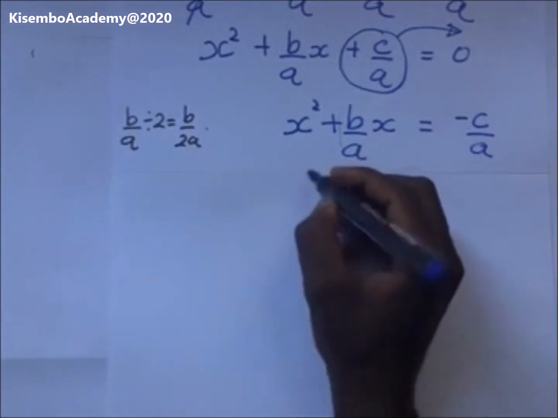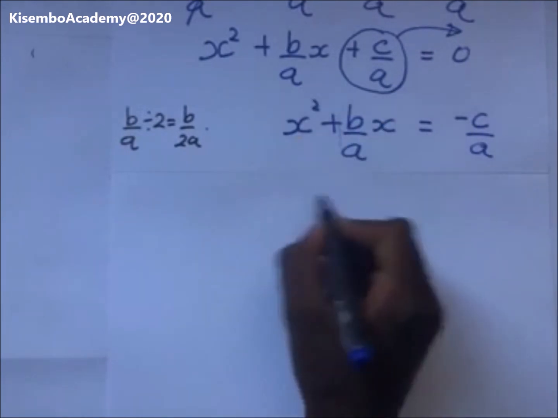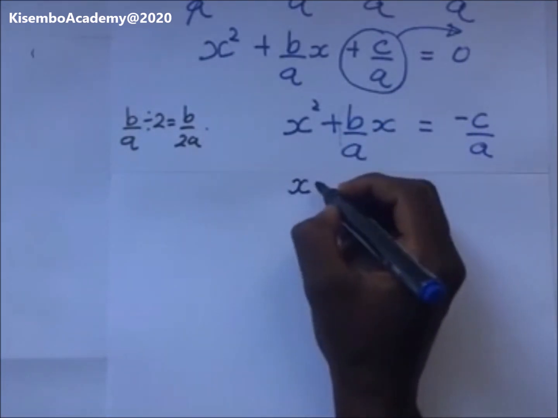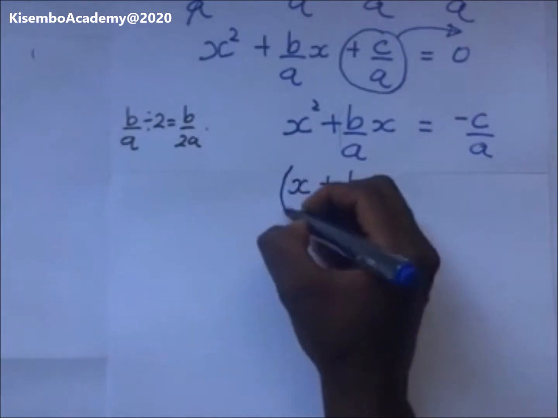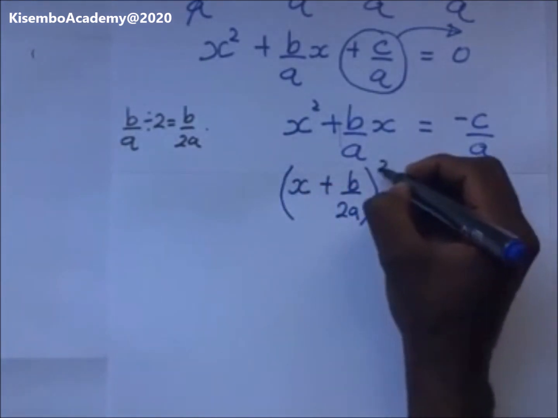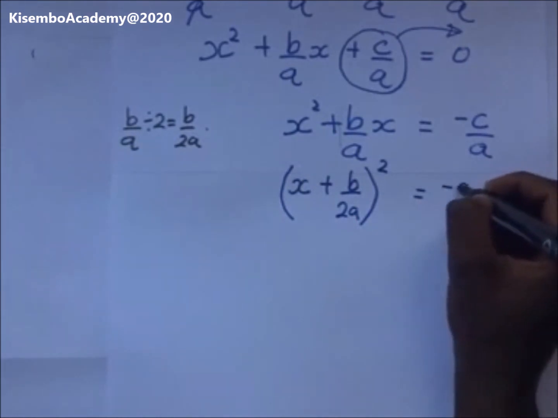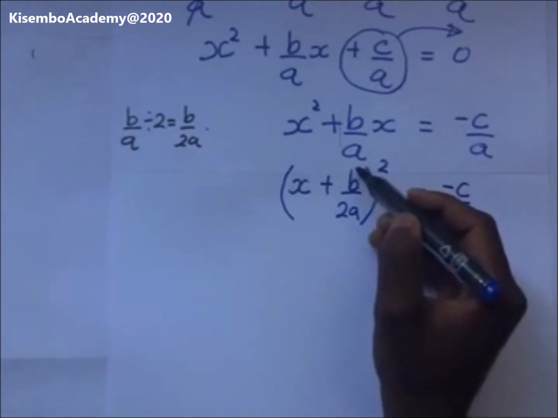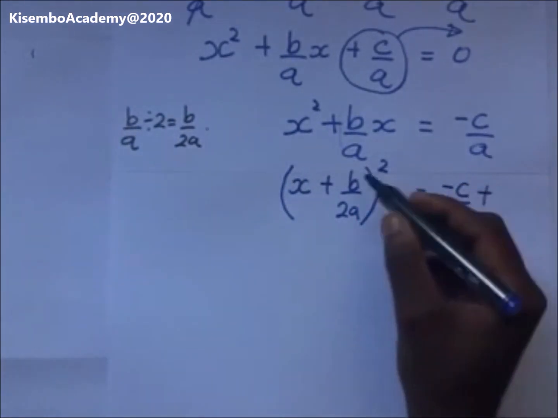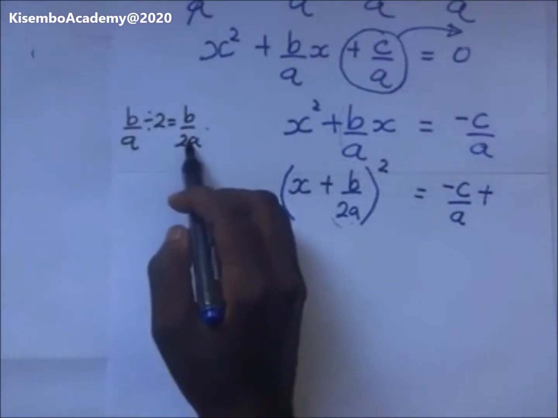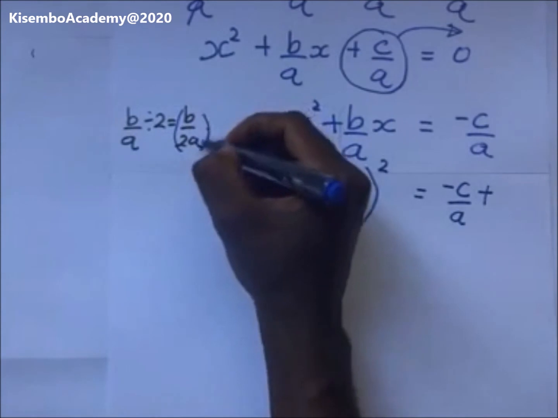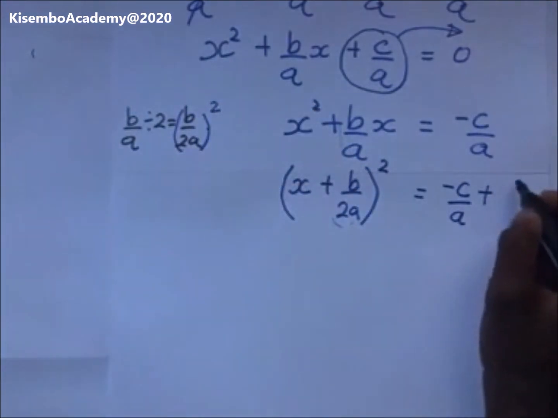So after dividing by 2, our perfect square becomes x plus b over 2a, all squared, equal to negative c over a. And now we add the square of what we got: we divide by 2, then we square it, and what we get is what we add here.